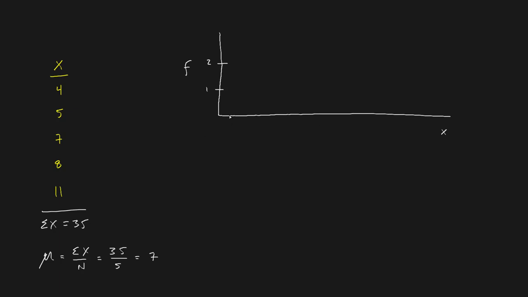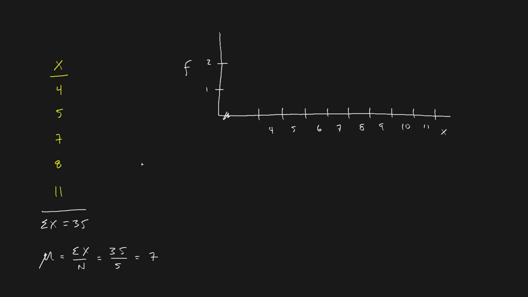Now, I'm not going to start at 0 or 1. I'm just going to put a little break there, and then I'll do 4, 5, 6, 7, 8, 9, 10, 11.